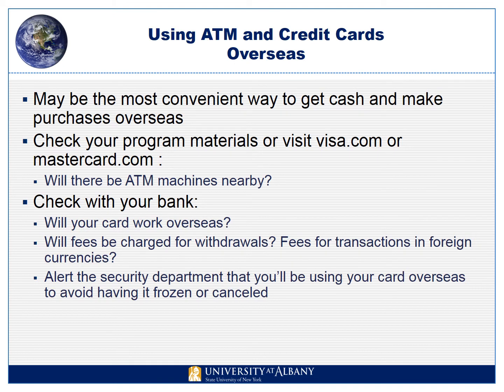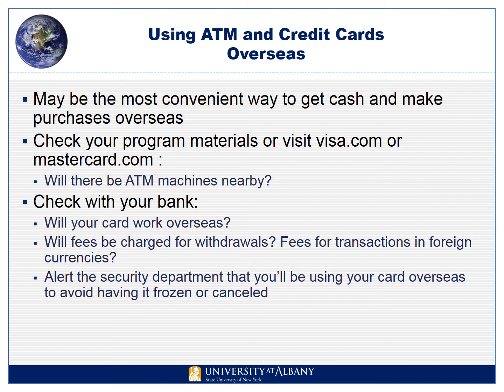So as I mentioned, using ATM and credit cards overseas may be by far the most convenient way to get cash and make purchases overseas. You can revisit your program materials just to make sure that this is still the case for your program. And you can also visit visa.com or mastercard.com to start investigating whether there will be ATM machines nearby to the school where you'll be studying or the housing in which you'll be living.